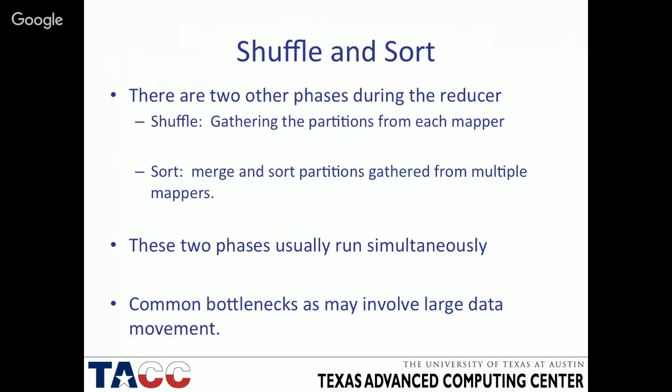Each of them has its own interface that you can actually rewrite if you have better ideas on how to sort your key value pairs, and you can rewrite them to make things run faster. But for now, if this is the first time you've heard about Hadoop, just keep in mind that such a stage is there, but you don't need to look further into that.